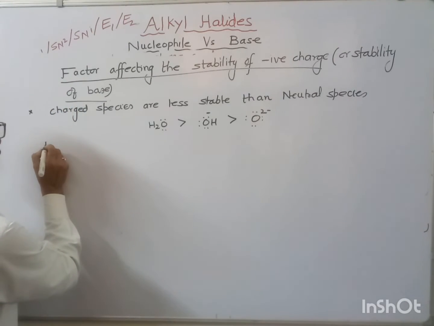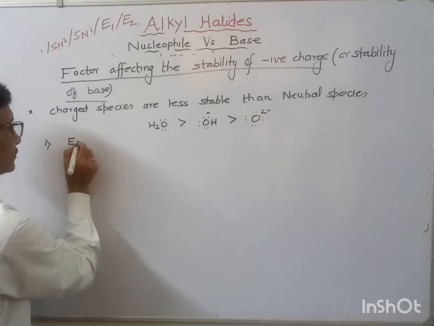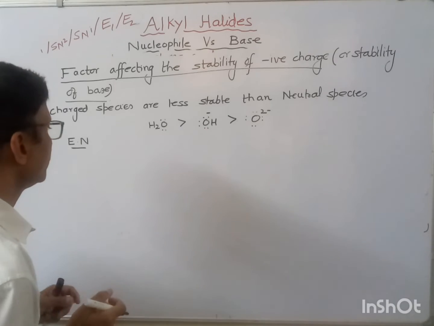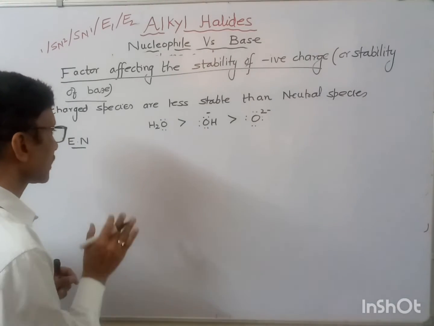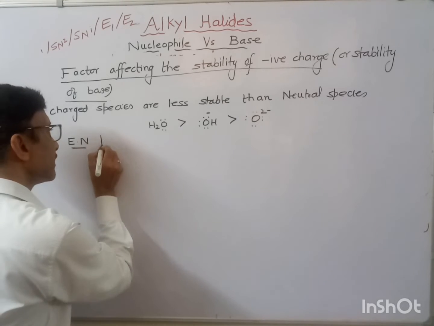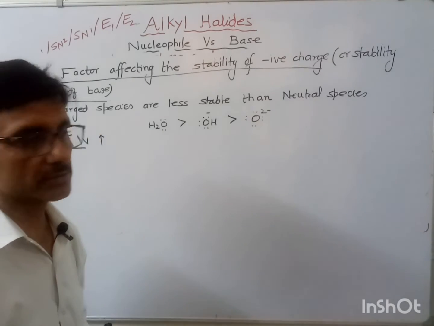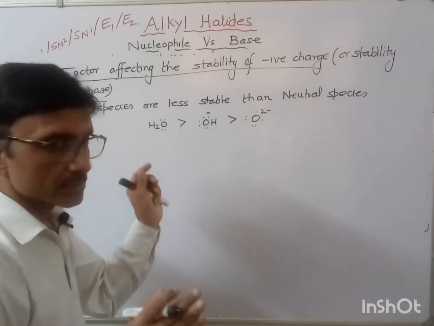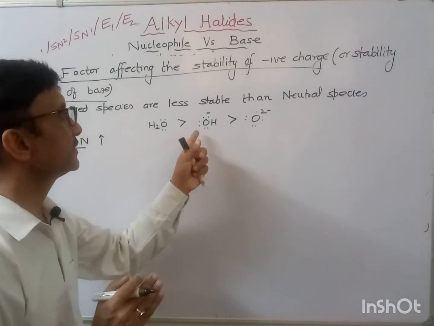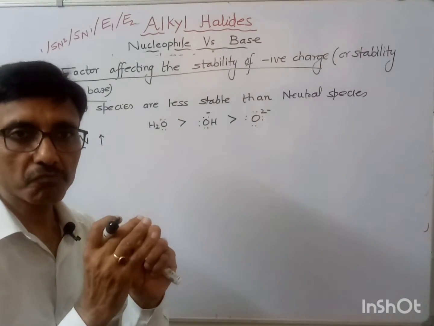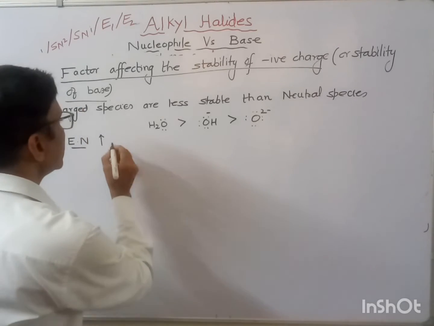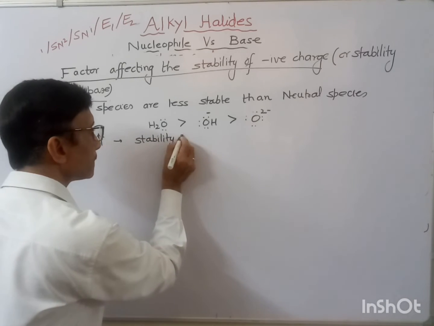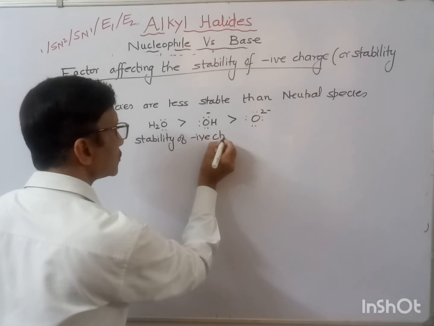So one of the factors is electronegativity, as we have seen in the previous acid-base reactions. If electronegativity increases, then size will decrease. It means the negative charge is much more pulled towards the nucleus, and stability of negative charge increases.